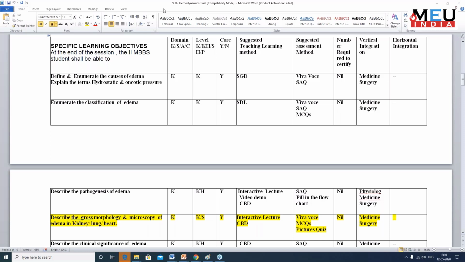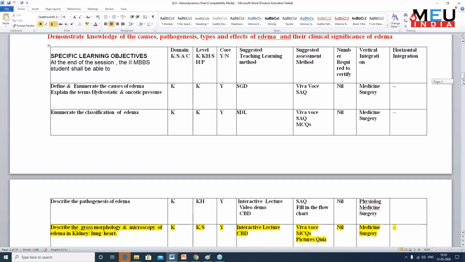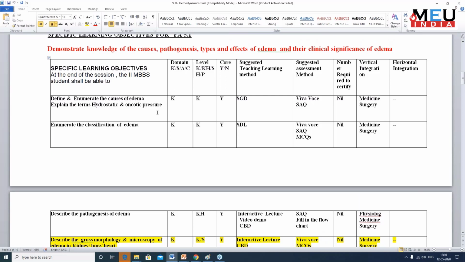Good afternoon, sir, ma'am. Second SLO, enumerate the causes of edema, explain the terms hydrostatic and oncotic pressure. There are also other causes as well. Why do we enumerate and explain? If we remove hydrostatic and oncotic, that will take care of all the 4 categories.